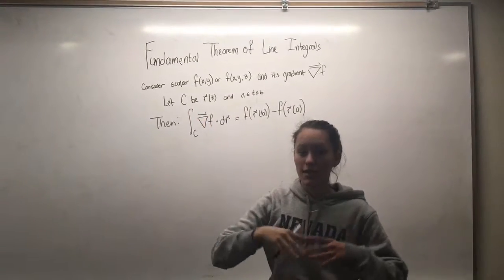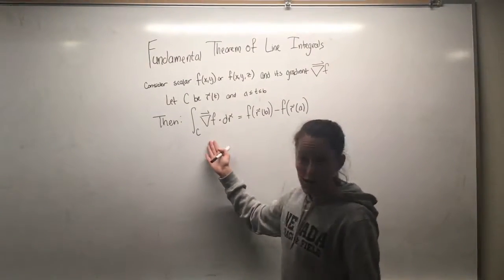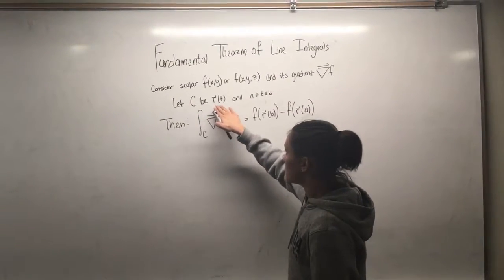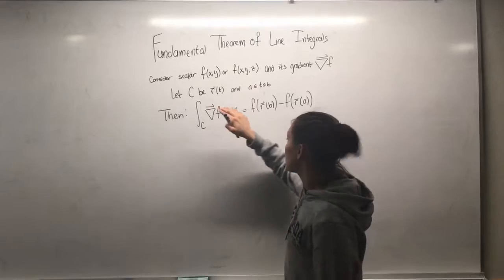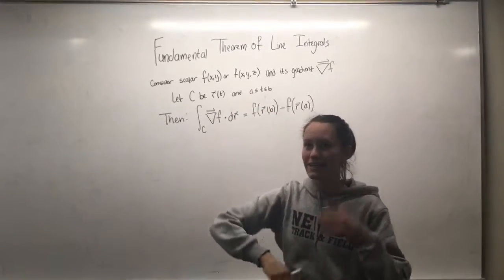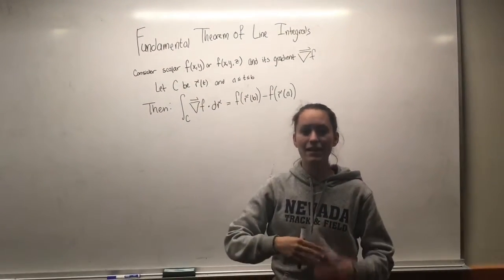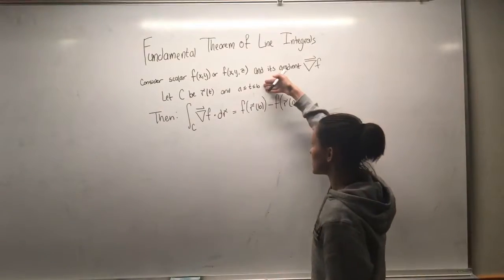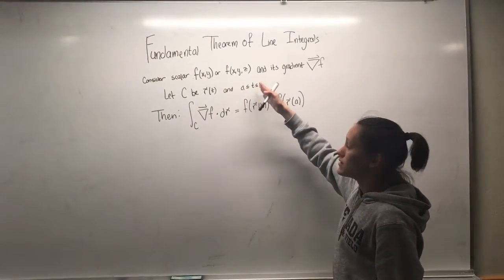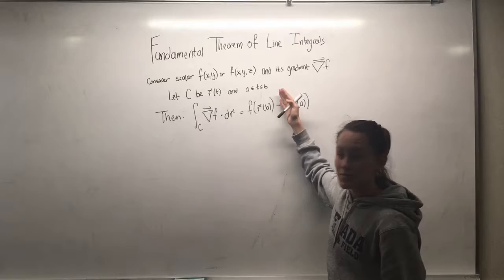C, which is the curve that it will cover, that's why the integral is over C, will be the vector function r of t, going from the start point a to the end point b, as shown with a is less than or equal to t, and t is less than or equal to b.